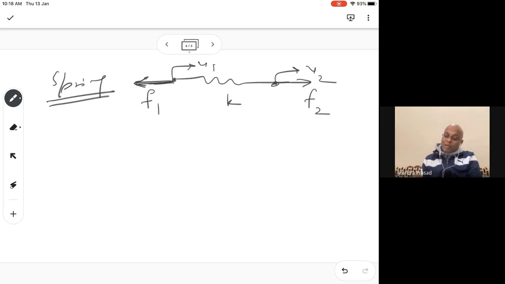So how will you write the equation? If it is under tension, we can simply write F1 will be equal to K times U2 minus U1, right? And this will be equal to F2, right? So our equation is like this.